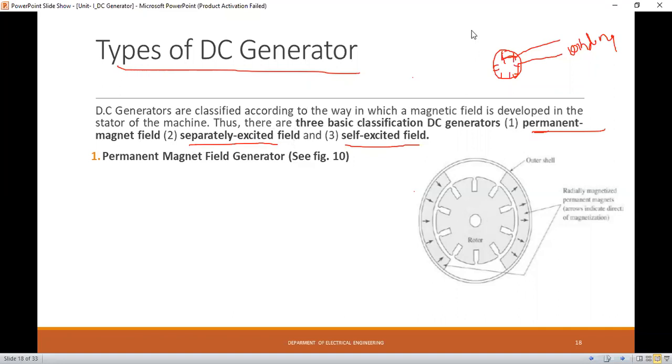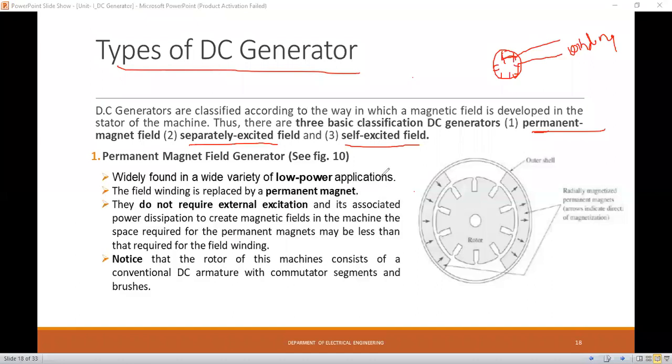Okay, now the separately excited DC generator, or the separately excited field winding. That means the field winding is present in the DC generator, and we are using a separate DC voltage source to excite the field winding. Suppose I am drawing a diagram here. This is the winding of the machine, and this is the armature of the machine.